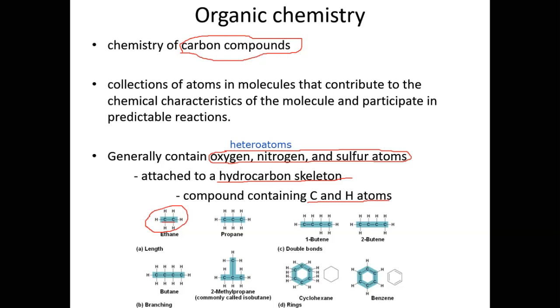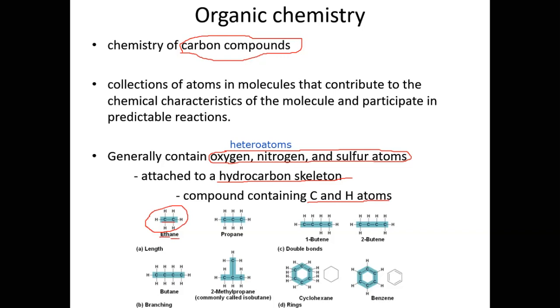So whenever there's just 2 carbons attached in the backbone, we use the prefix eth. And these 2 carbons are connected by only single bonds. So then we use the suffix -ane. So this compound is called ethane. Eth for the 2 carbons, ane for the single bond.